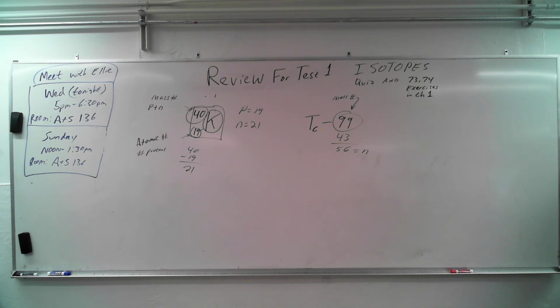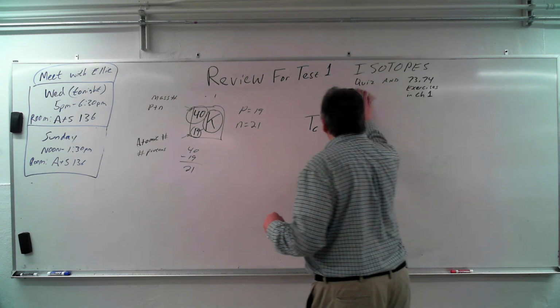Write the ionic compound formed when magnesium and oxygen combine. There's magnesium, and there's oxygen. The first thing you need to figure out is what is the charge on things. Magnesium is 2 plus.